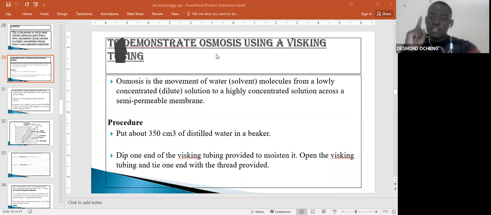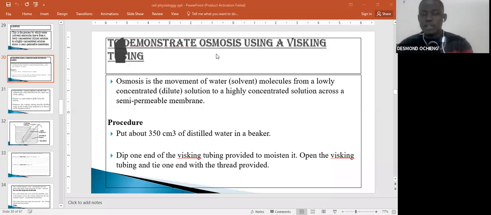So, a visking tubing is selectively or partially permeable, just like the cell membrane. So, osmosis is the movement of water or solvent molecules from a lowly concentrated or dilute solution to a highly concentrated solution across a semi-permeable membrane.